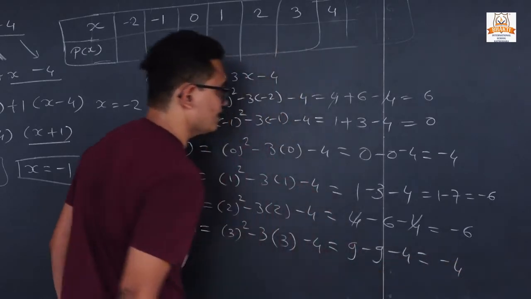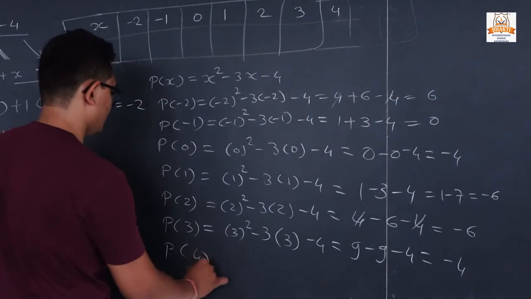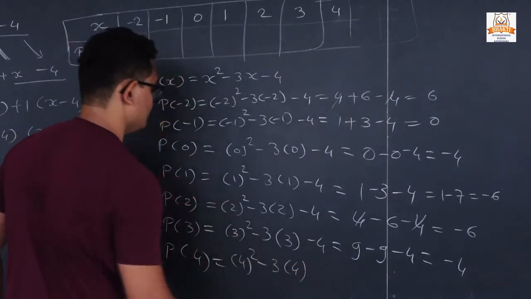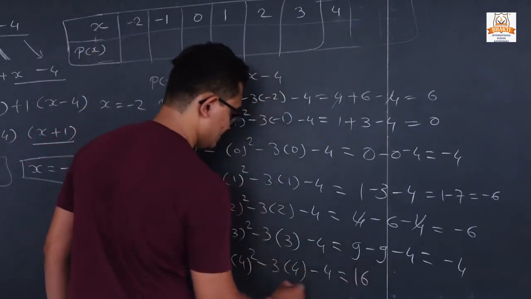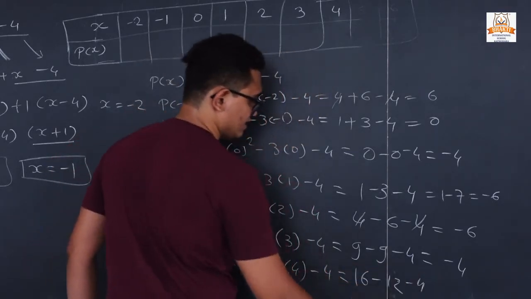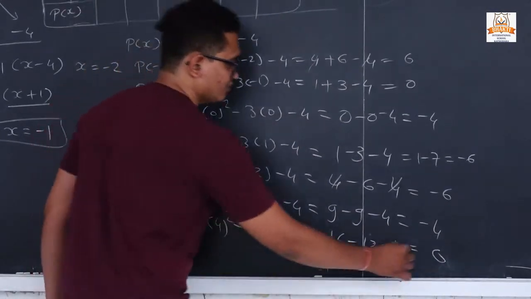So the answer is -4. Next, last, it is p of 4. So 4 square is 16, 4 threes are -12, and -4. So 16 minus 16, the answer is 0.